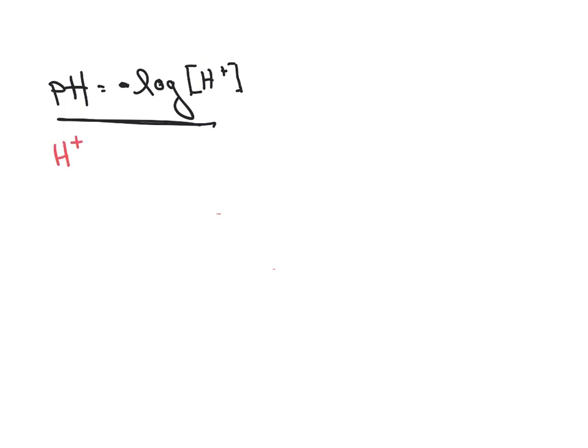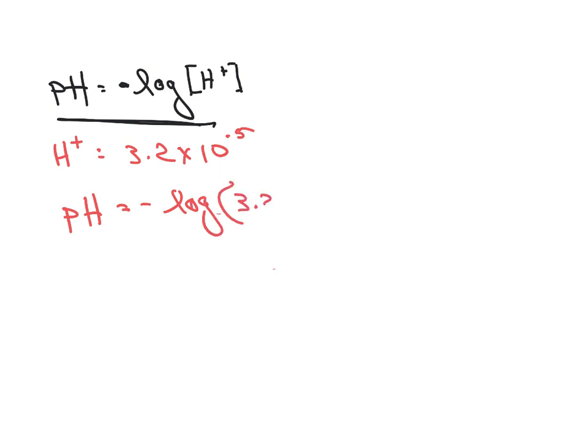Okay, so now they're telling me the hydrogen ion, and that's 3.2 times 10 to the minus 5 moles per liter. We don't need to understand any of that. We just need to know what we're substituting. So now we have pH equals negative log, put this in parentheses, 3.2 times 10 to the negative 5.